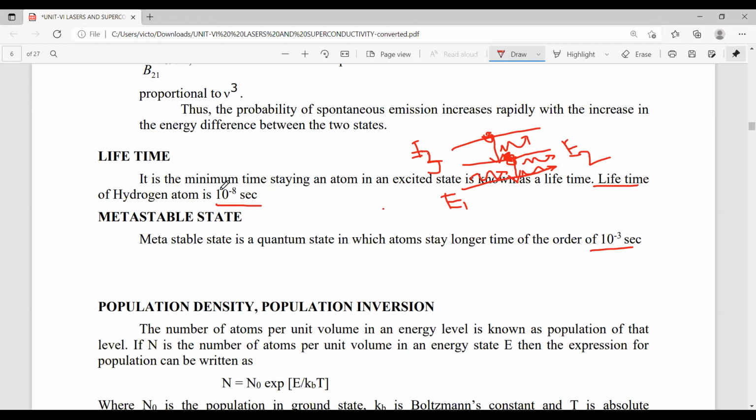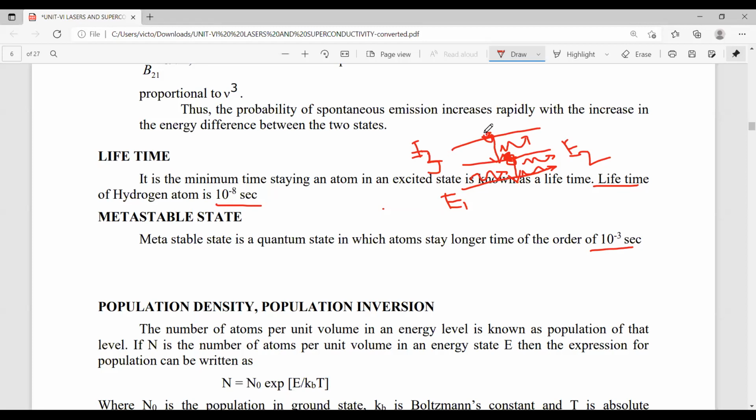Here it is the minus value, so automatically 10 power minus 8 is a smaller value and 10 power minus 3 is a bigger value. Minus 8 is small, minus 3 is high. That's why 10 power minus 8 seconds is less time.